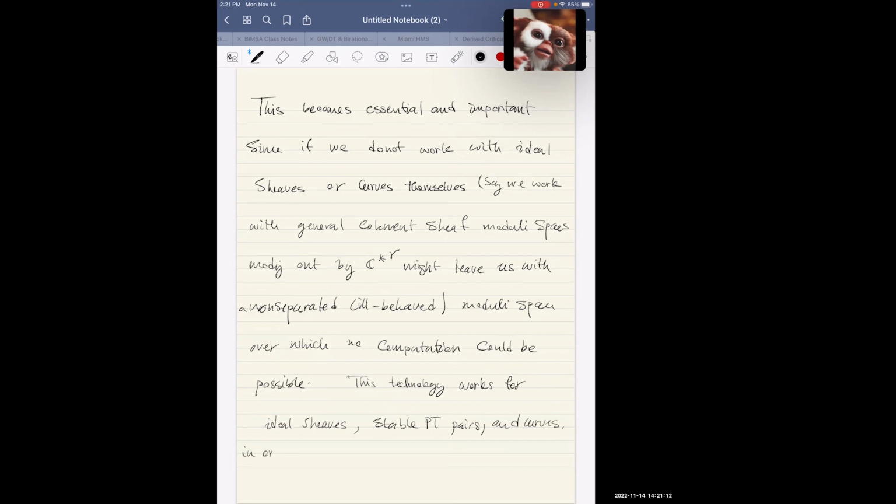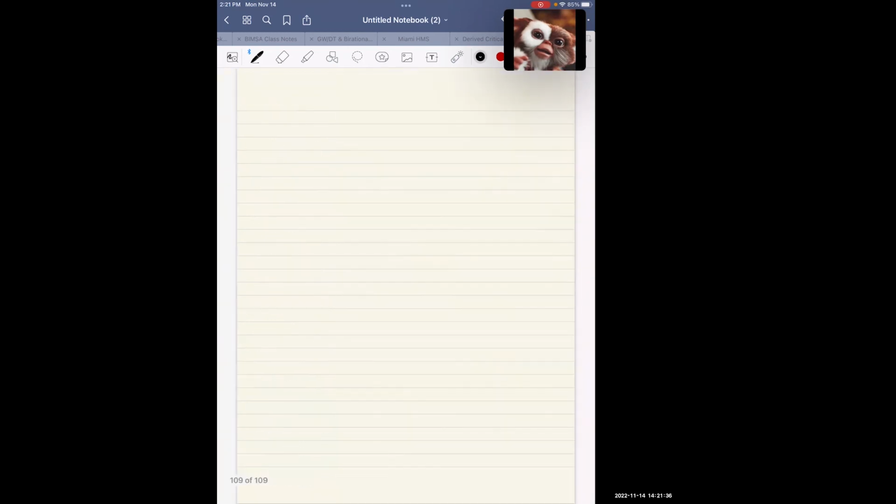In order to extend it to all coherent sheaf moduli space degenerations, we need to use additional constructions and derived algebraic geometry.